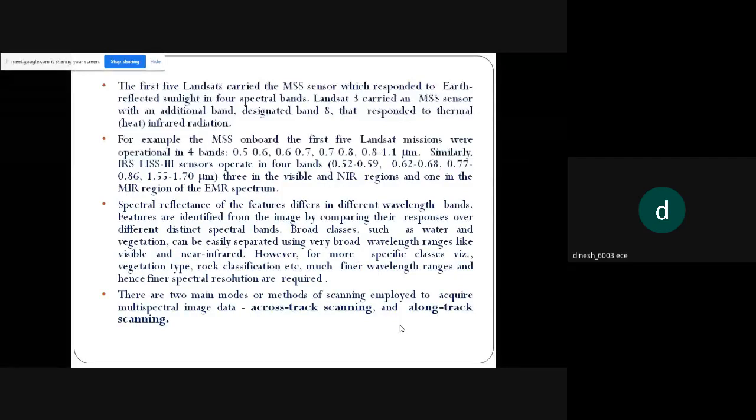So this information was being recorded by the spectral reflectance.